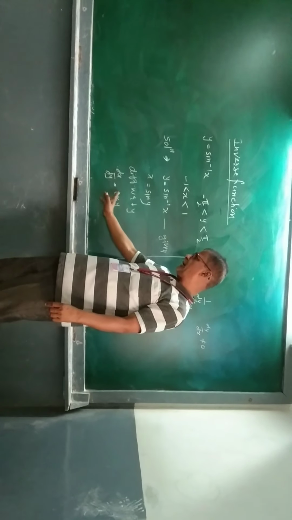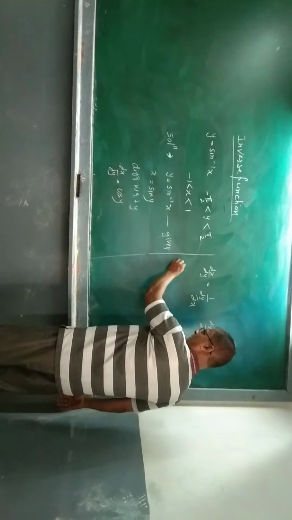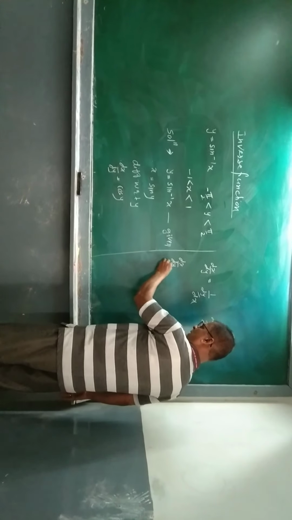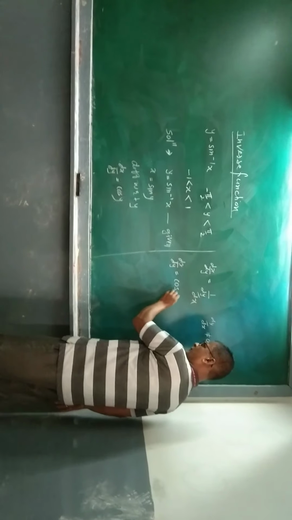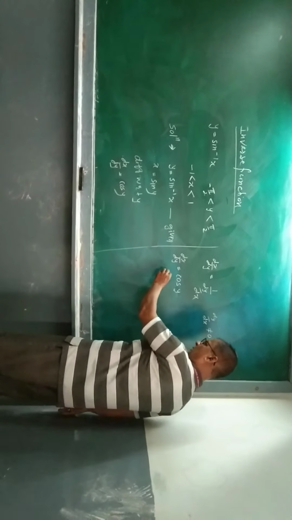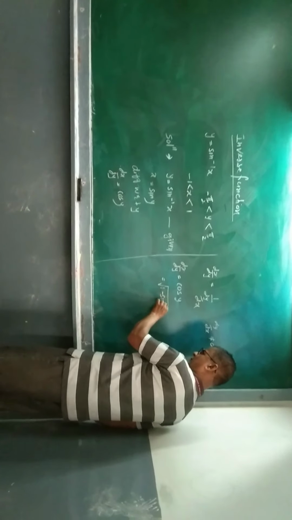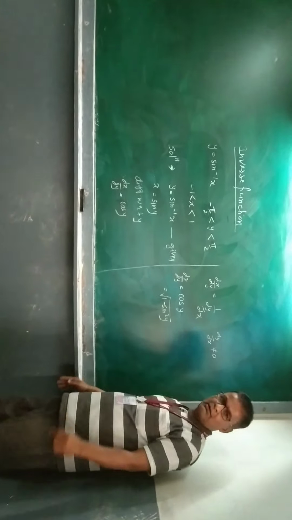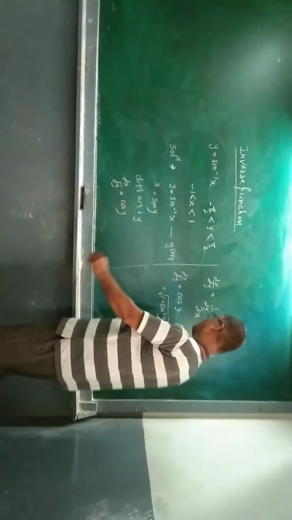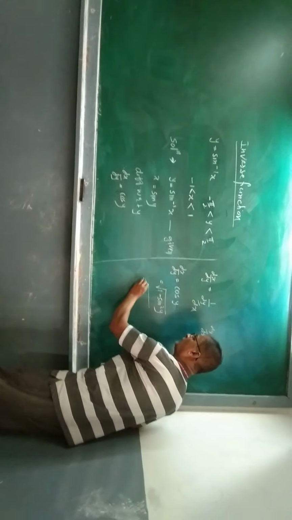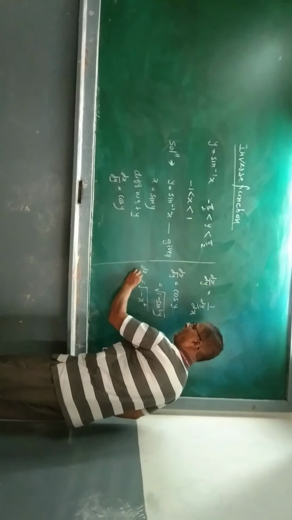Therefore, x is equal to sin y, dx by dy is equal to cos y. Instead of cos y, I will take the conversion in this way: under root of 1 minus sin square y. What do you mean by sin y? Sin y is equal to x. Substitute here, under root of 1 minus x square. That is dx upon dy.